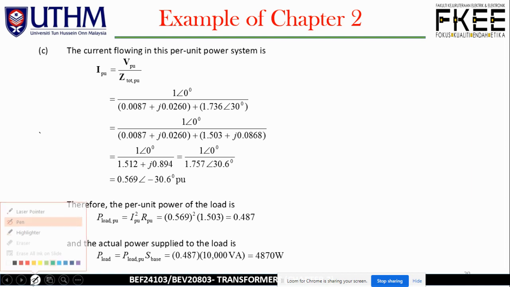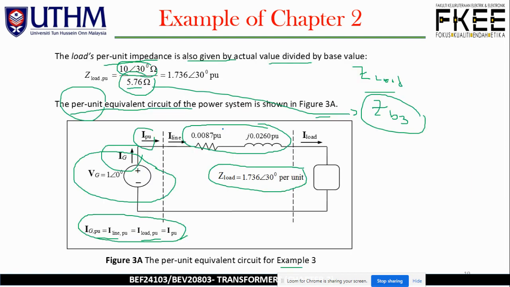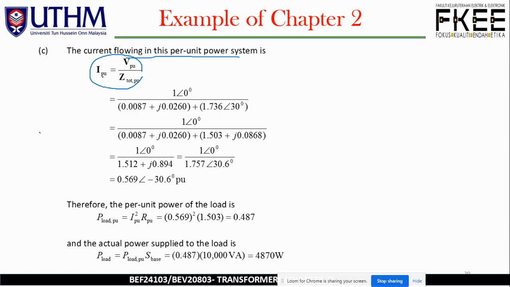Now the current flowing in this PU system is IPU equal to VPU over Z total PU. So you just need to apply a KVL approach in order to solve this closed loop circuit. By doing that, you're supposed to manage to obtain this equation: IPU equal to VPU over Z total PU.